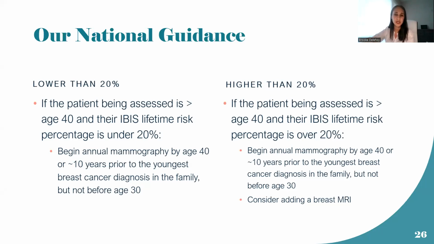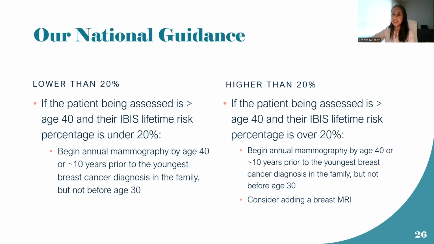Other forms of screening will be recommended or offered to said patients, and I'll go over that in the next slide. Now, if a patient's risk is determined to be greater than 20%, and they are over the age of 40, which again is our national screening recommendation age initiation for general population women, you begin annual mammography screening by age 40, or again 10 years prior to the youngest breast cancer diagnosis in the family, not before age 30.